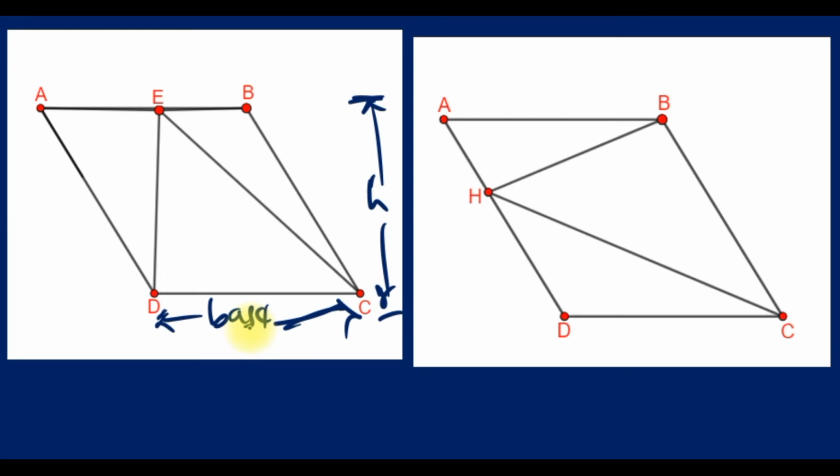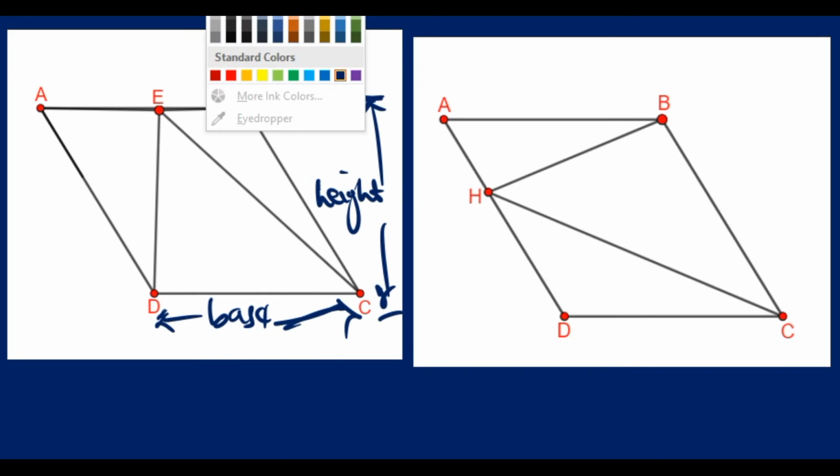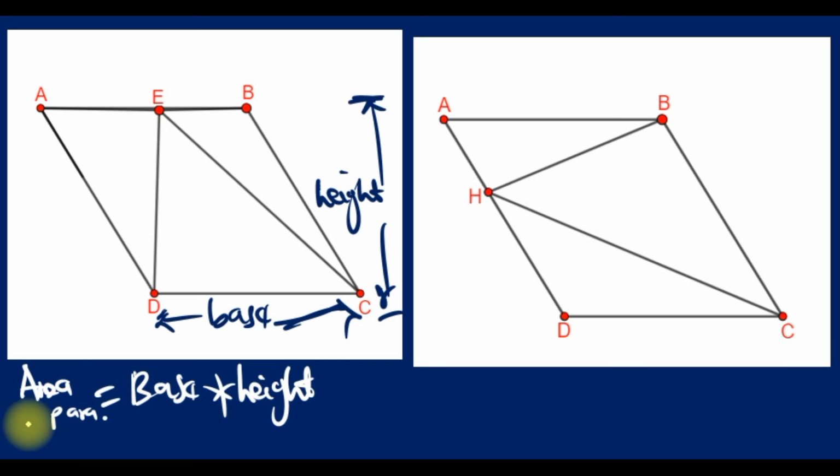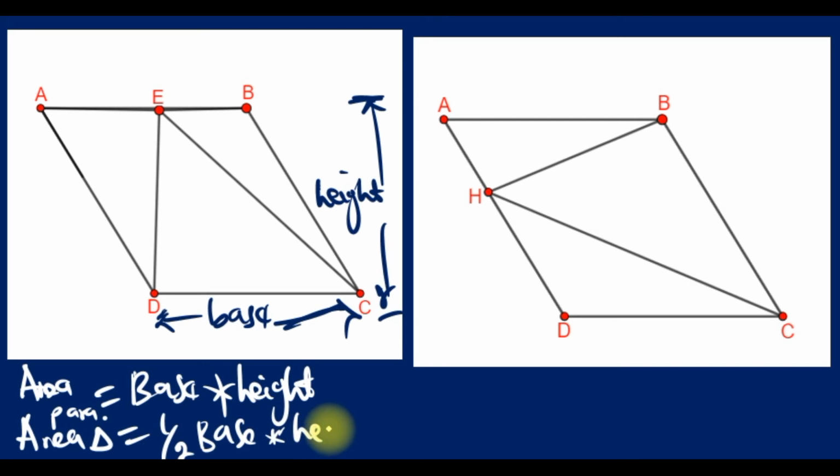So we know that area of a parallelogram is base times height. Again, we know that area of a triangle is half base times height.